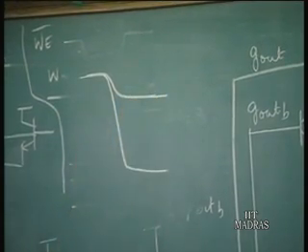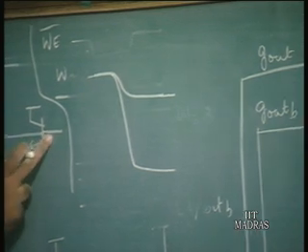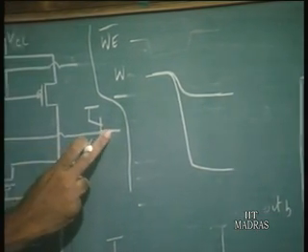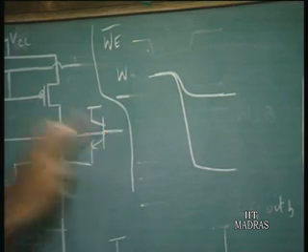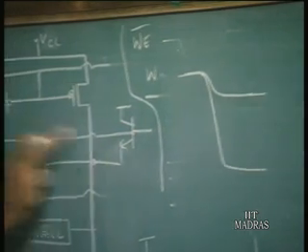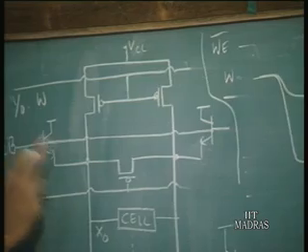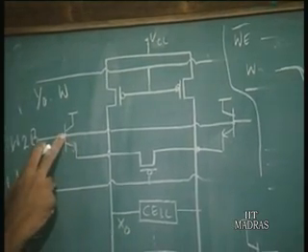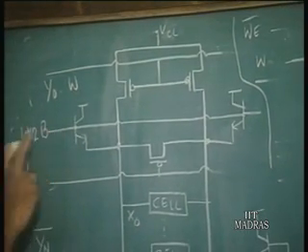We will see that. As soon as the write cycle is over, this data line goes high, and then these two bipolar transistors are turned on after the write cycle is over. This is write bar.